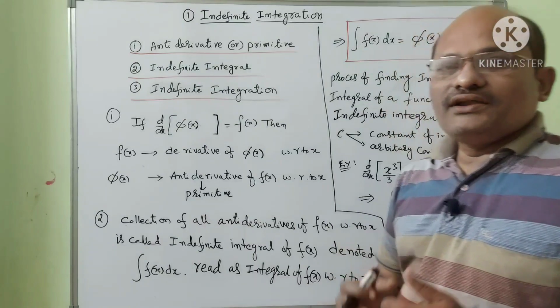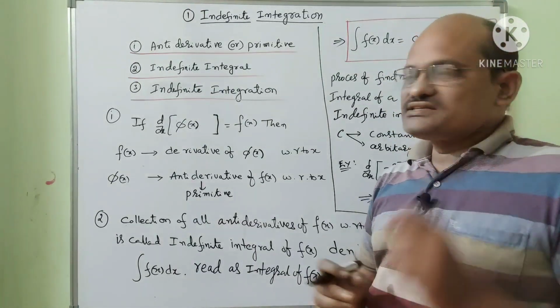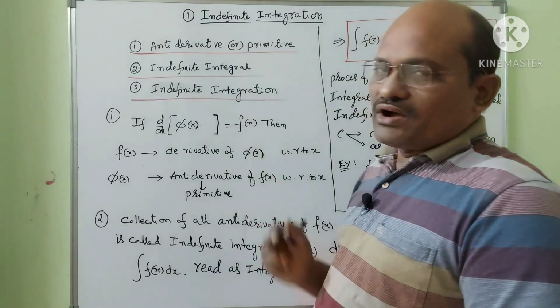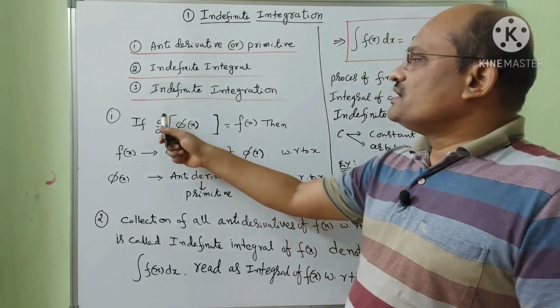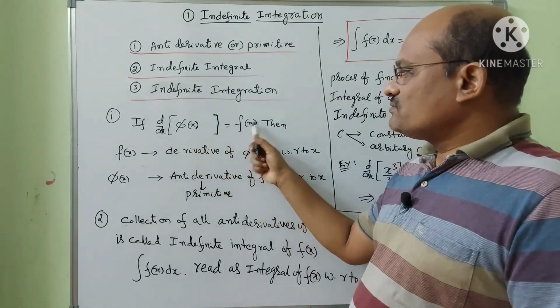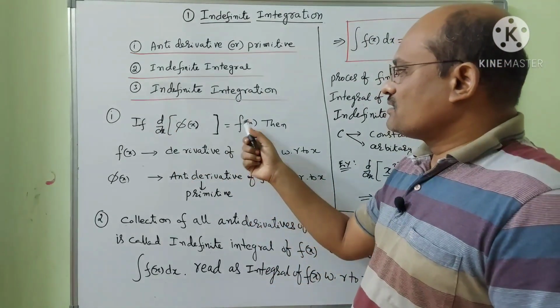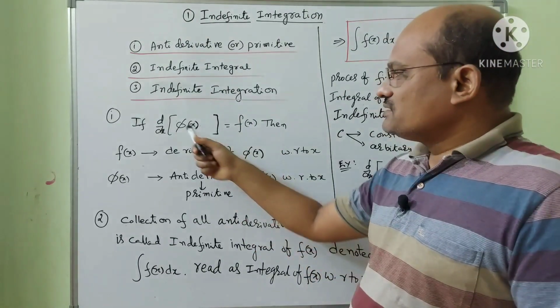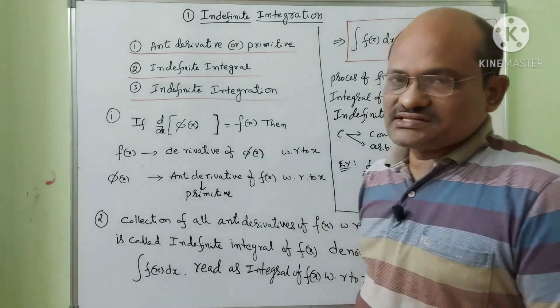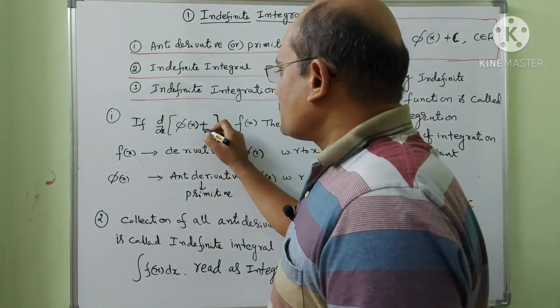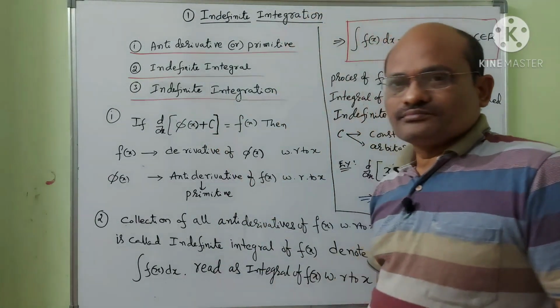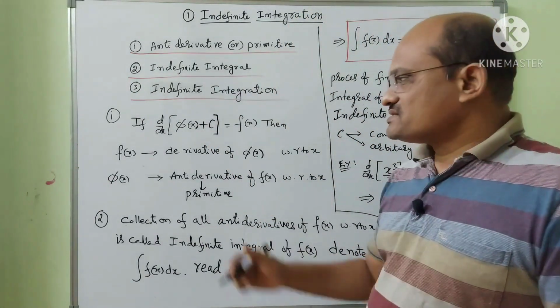Now I introduce a constant here. Let us see what happens. D by dx of phi of x is equal to f of x. We assumed that derivative of phi of x is f of x. Let us introduce a constant, plus c. See what happens.